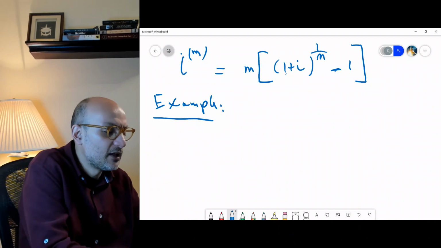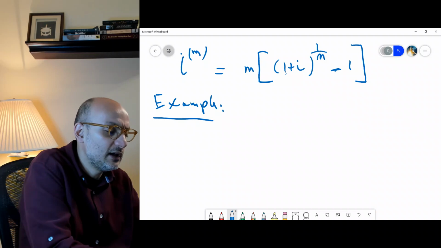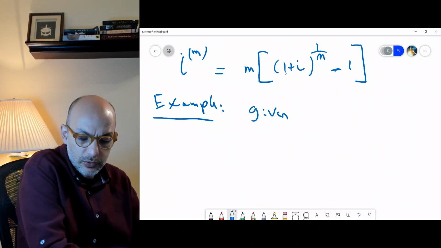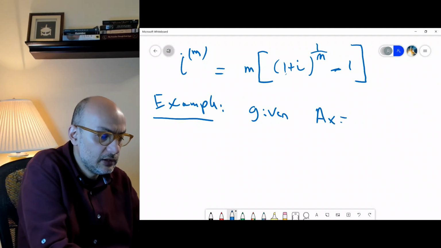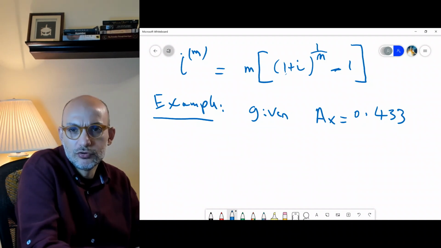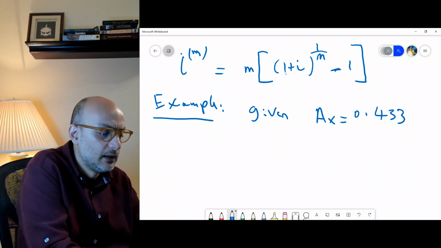Now let's take an example. You can use the life table, but let's say we want to use a different i now. Given A_x is equal to 0.433. It doesn't have to be given to you, I might give you the life table, so you go in the life table and find it. Let's take a rate different than 5%, let's take 6%.